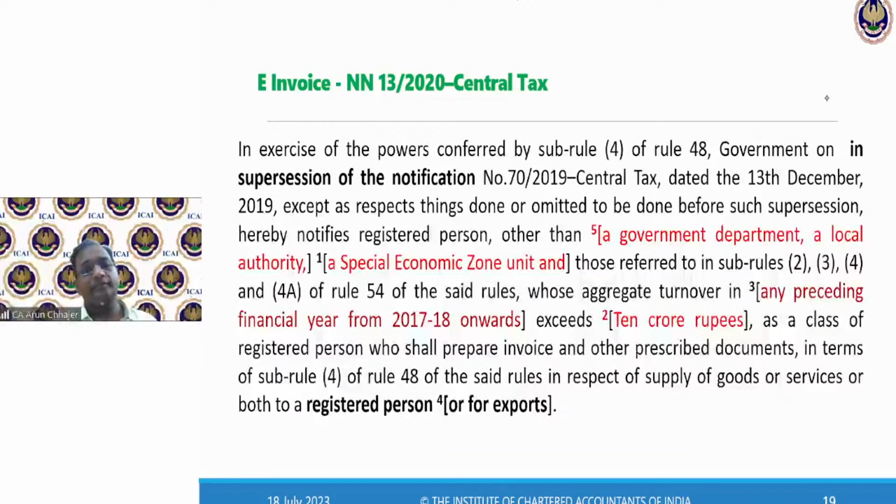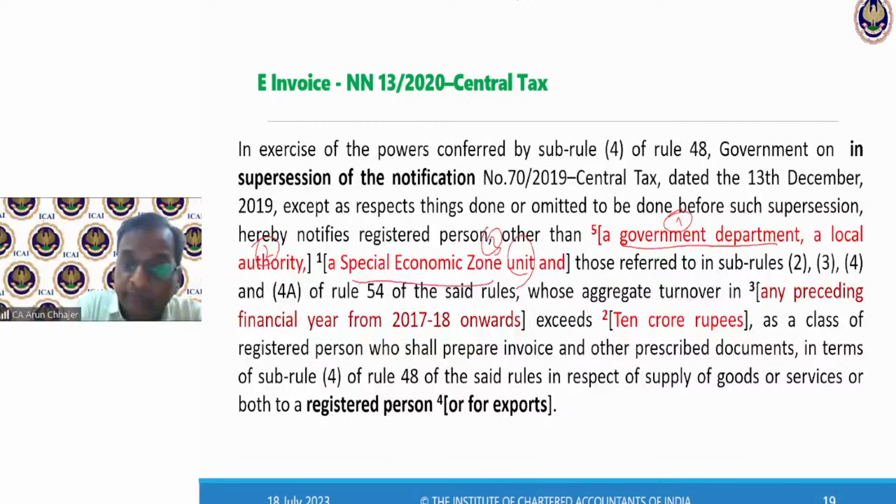Let's talk about it further. This is the principal notification. It says that e-invoicing would not be applicable on the government department, local authority, SEZ unit, and those referred in sub-rules 2, 3, 4 and 4A.